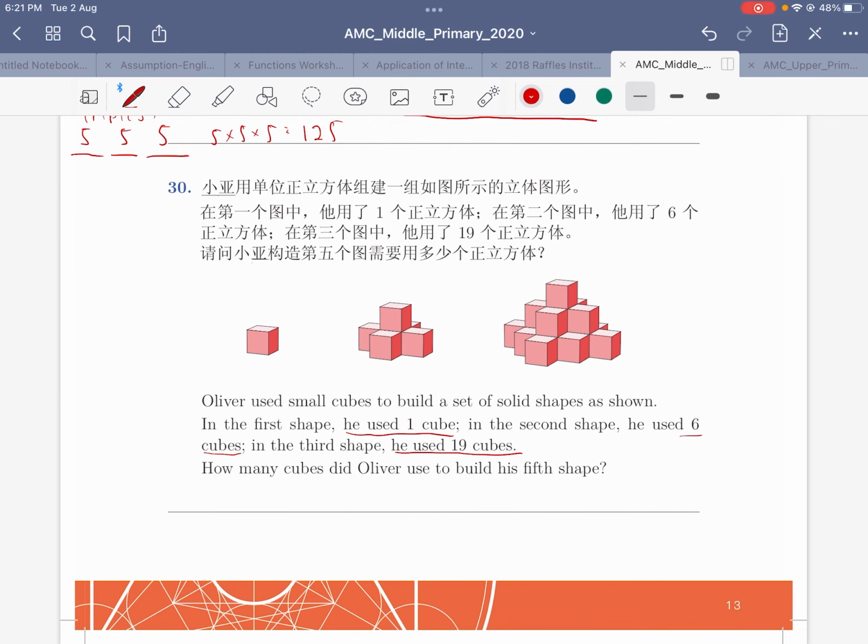Now we notice some particular pattern over here. We notice that from left to right, this starts off as 1 cube. It goes on to move from 1, 4, and 1 cube.